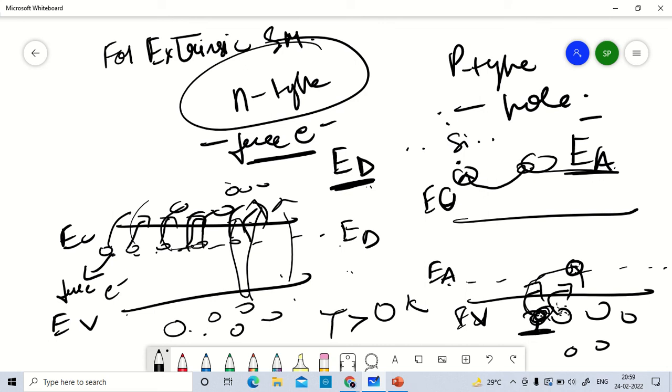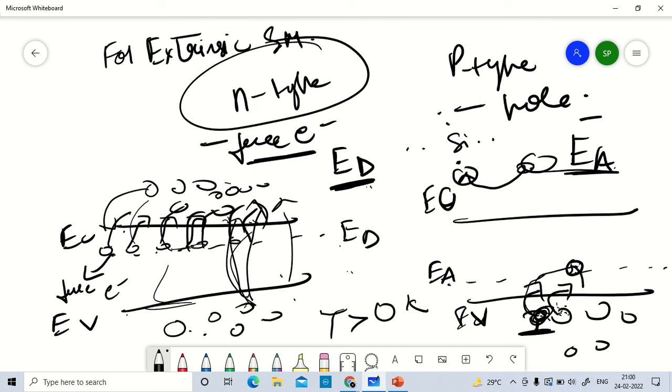Now electrons rise up and holes fall down when they gain external energy. At room temperature, most of the acceptor atoms get ionized, leaving holes in the valence band. Thus, at room temperature, the density of holes in the valence band is predominantly due to impurity.